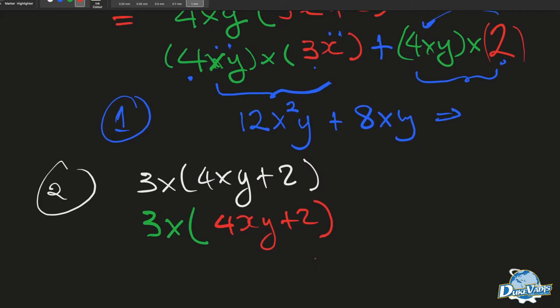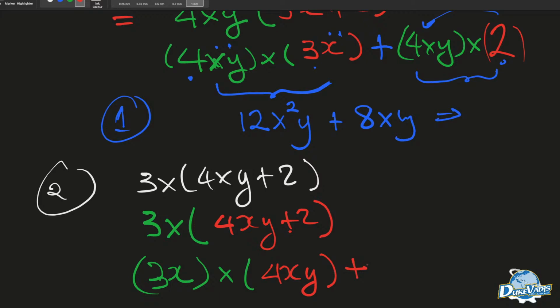all I'm going to get is the 3x in expansion. 3x is multiplying 4xy, so I put that in red. So 4xy. Then don't forget we have a plus here, so we bring our plus.